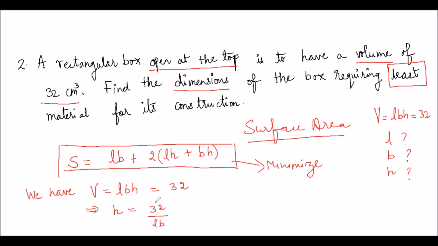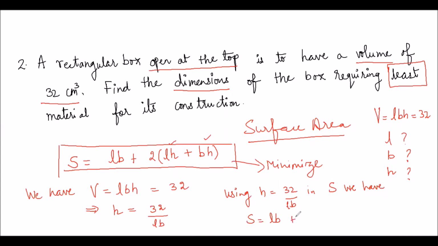And we can put this height in the expression which we have for surface area S. Using this H as 32 upon LB in S, the first term will be as it is, LB, because it doesn't contain H, and in the rest two terms H is common.